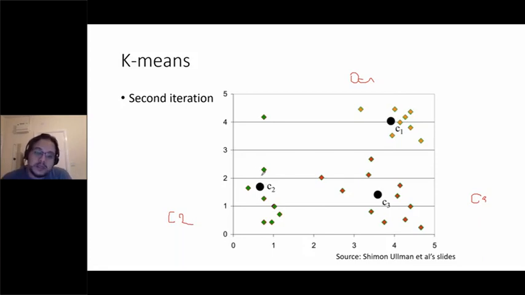Exactly, the black one, because the distance between each point and its centroid is smaller than the distance between these points and their centroids. So K-means is trying to find the best centroids that minimize the distance between their data points and the centroid that we found.